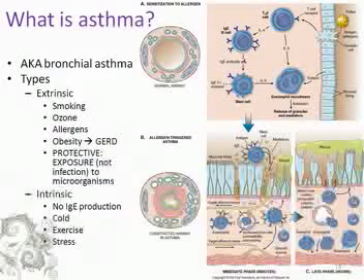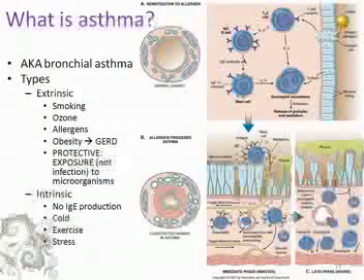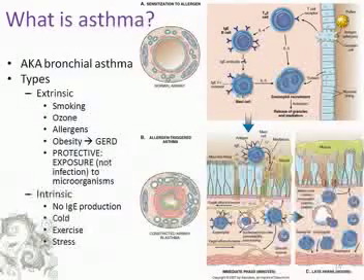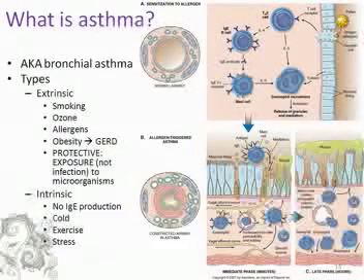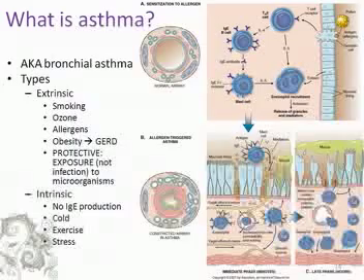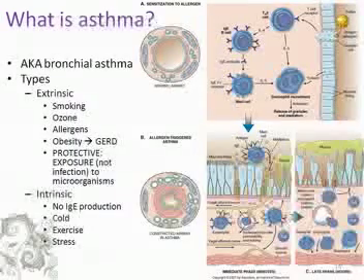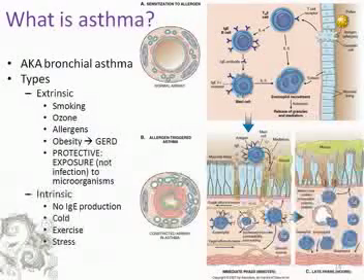When we look at the extrinsic pathway, things that can cause a trigger are smoking, ozone, allergens. Air pollution would be under the category of ozone. Obesity can actually influence this because some of these patients that are obese will have esophageal reflux disease, GERD. That tends to bring stomach contents back up into the esophagus.